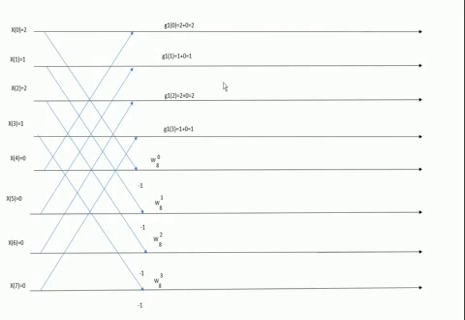Now, the interesting part will come now. Observe this carefully. If you want to get G2 of 0, you need to combine x of 0 and then the other one, x of 4. X of 4 has to be multiplied by -1. That has to be subtracted from x of 0.